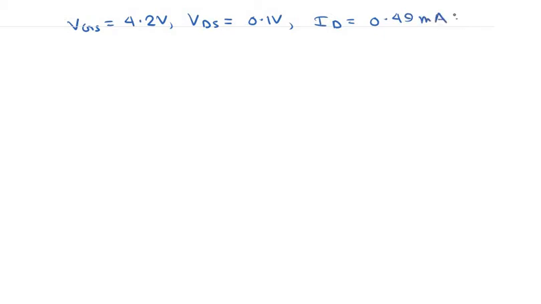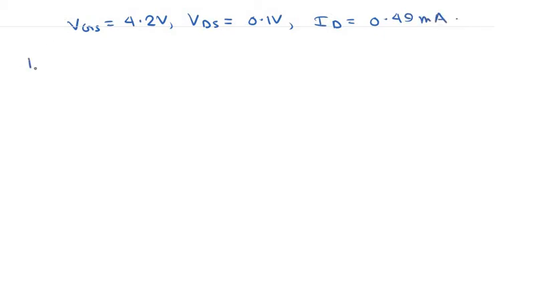So let us write the information that we have. We have VGS is equal to 4.2 volts, VDS is equal to V0, which is equal to 0.1 volts, and ID is equal to 0.49 milliamperes.